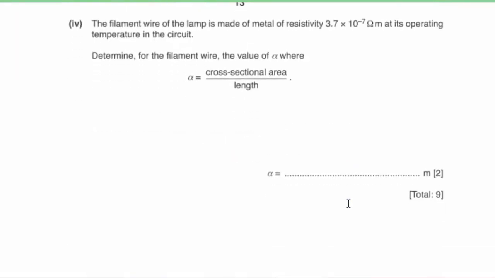Part 4, the filament wire of the lamp is made of metal of resistivity 3.7 into 10 to the power of negative 7 ohm meter at its operating temperature. In the circuit, determine for the filament wire the value of alpha, where alpha is equal to cross-sectional area by length.